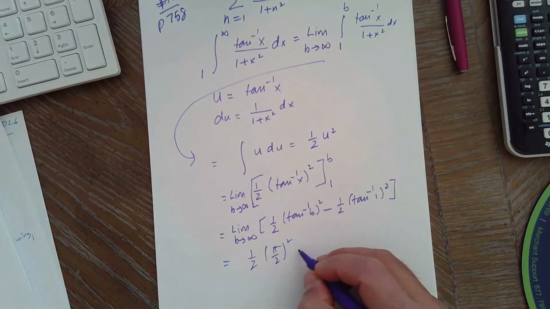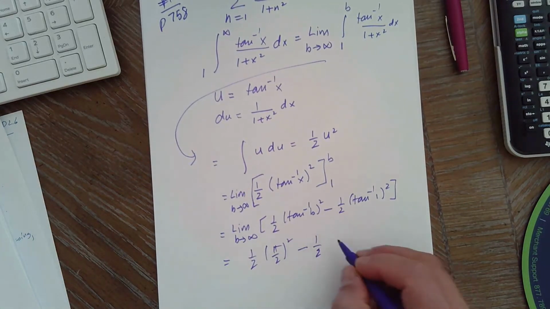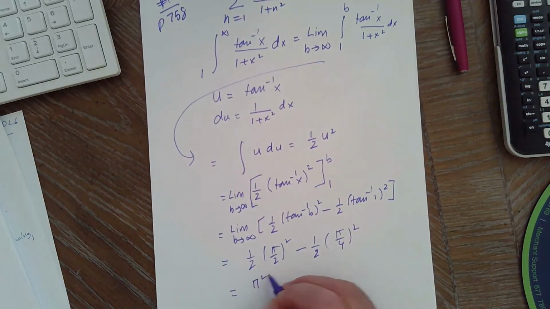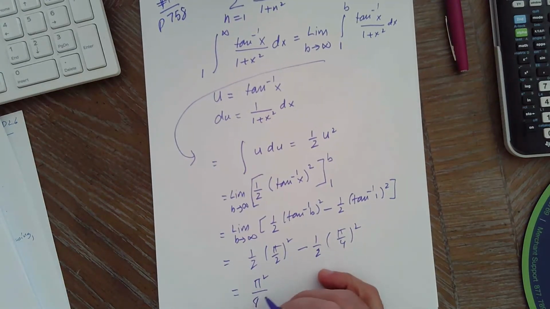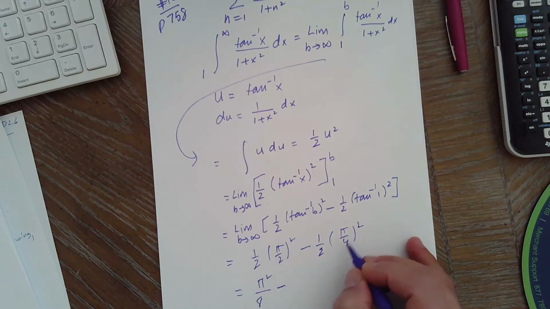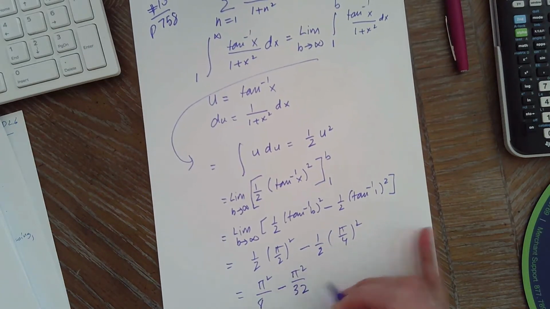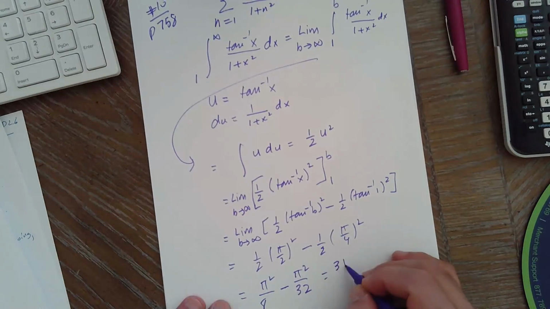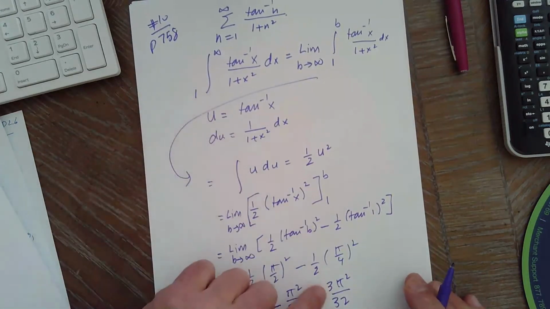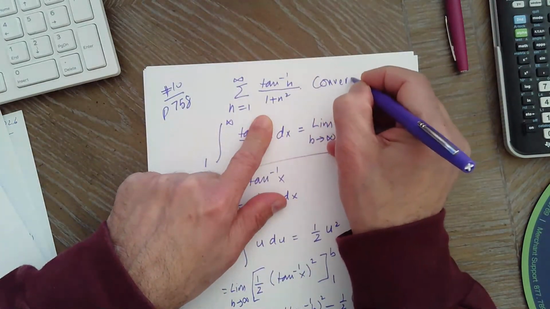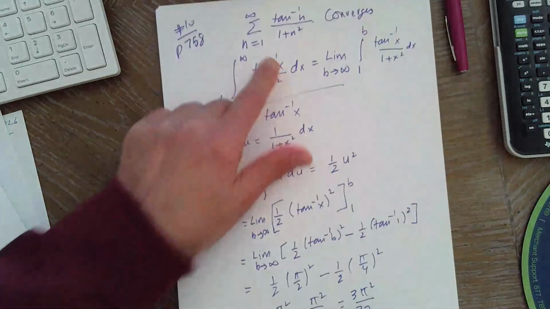Tangent of pi over 2 is infinity, and tangent inverse 1 is pi over 4. So pi squared over 4 times 1/2 is pi squared over 8, minus pi squared over 16 times 1/2 is pi squared over 32, which would be 3 pi squared over 32. So the integral converges to this number, so the series converges. We don't know to which number, we don't care, it just converges. Okay.